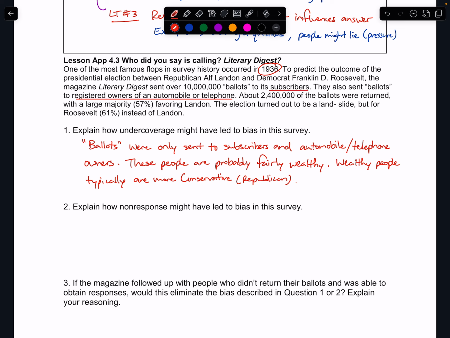Now, question 2 says how non-response might have led to bias in this survey.